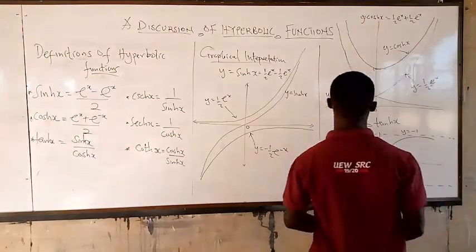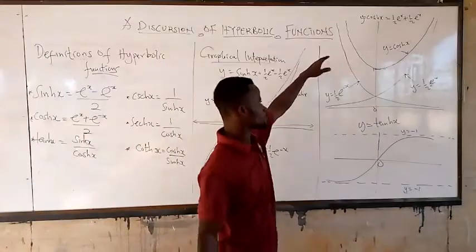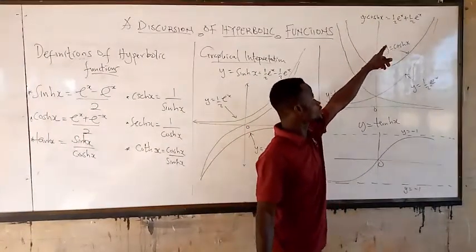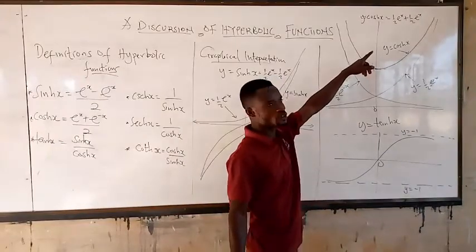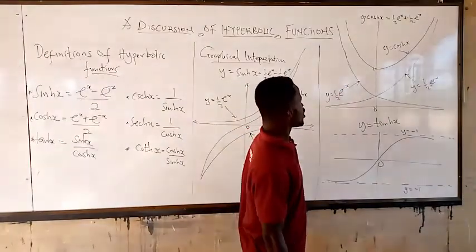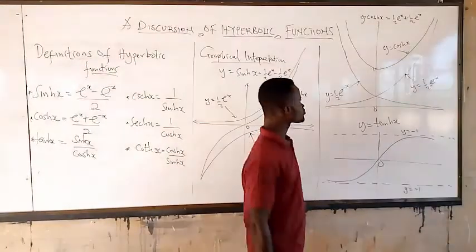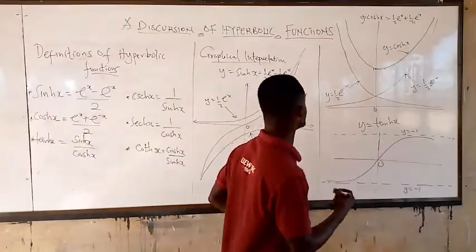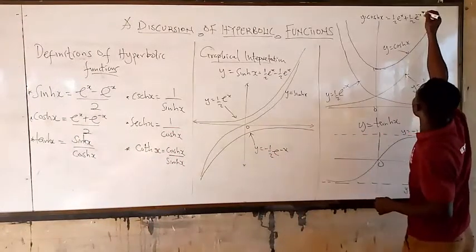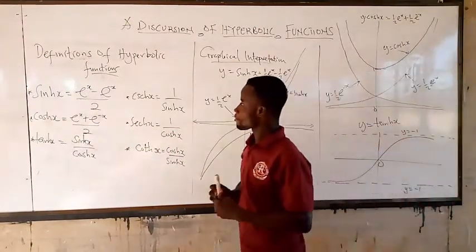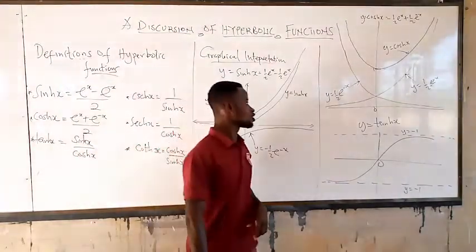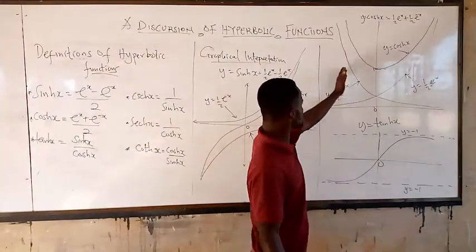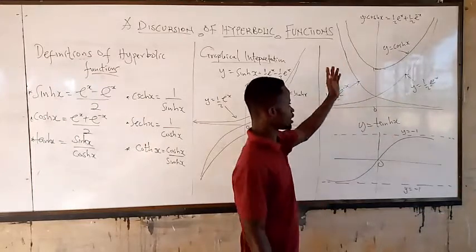The one in the middle represents sinh x. In the same way, for cosh x, we have half e to the x plus half e to the negative x. Having that, this one will represent the negative one.